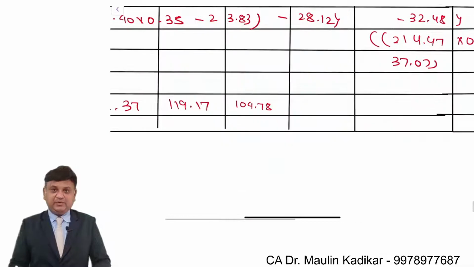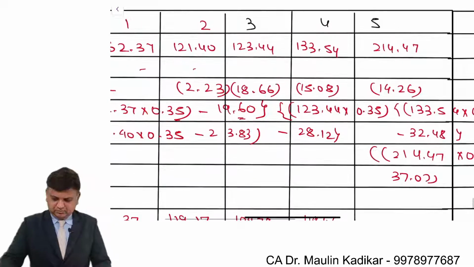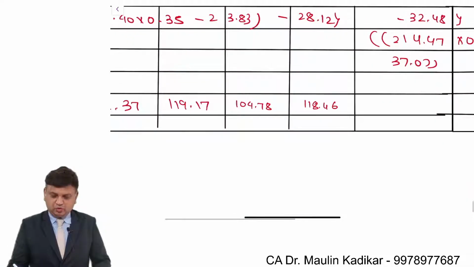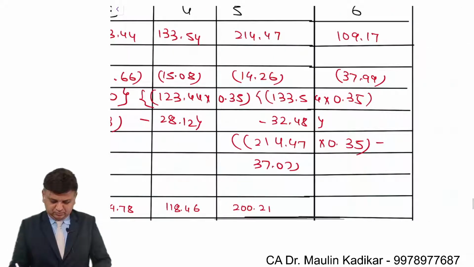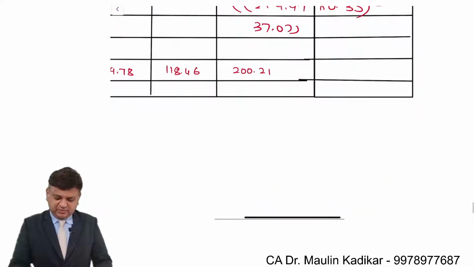That is 118.46. Fifth year: 214.47 minus 14.26, so 200.21. Sixth year: 109.17 minus 37.99, so it is 71.80.